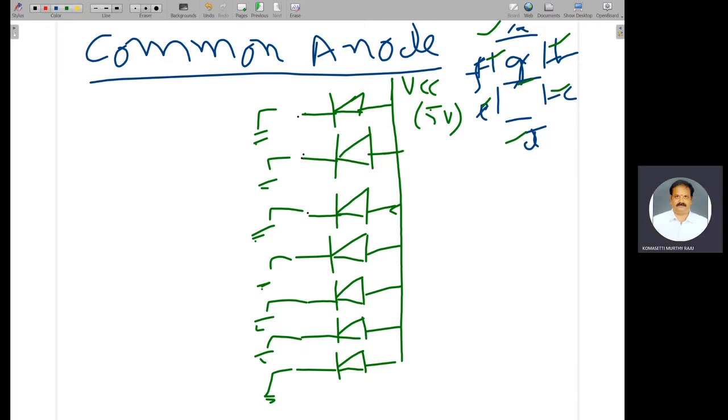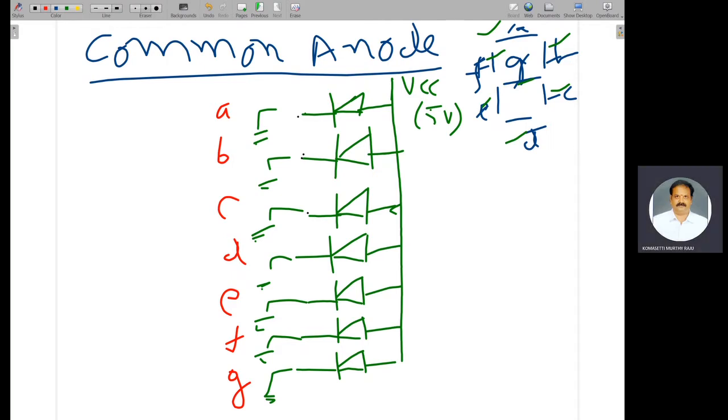These segments are named A, B, C, D, E, F, and G. One more point is the decimal point. Whenever an Arduino board pin is assigned to the decimal point, that should be a high value.